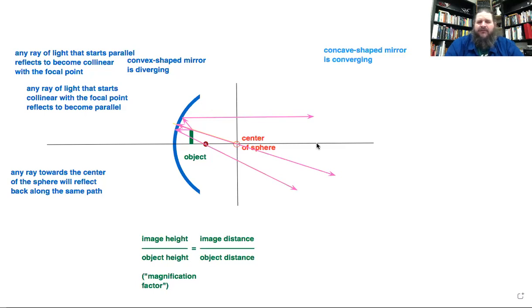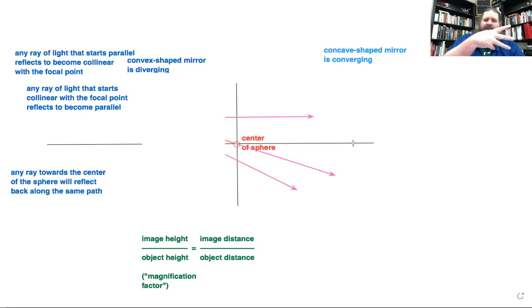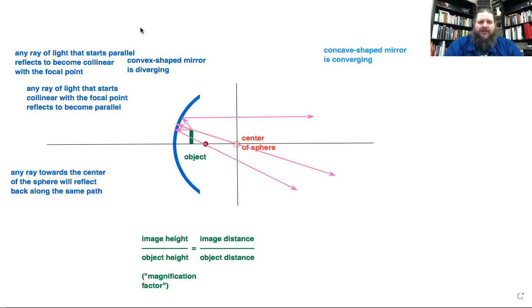Because again, we're just trying to find, ignoring everything that actually happened, ignoring where these rays of light were from, we just want to say, if you're standing over here and you get these rays of light reaching your eyes, your brain tries to figure out where those rays of light came from. And as far as you can tell from just these final rays of light, they seem to have come from some point further back.